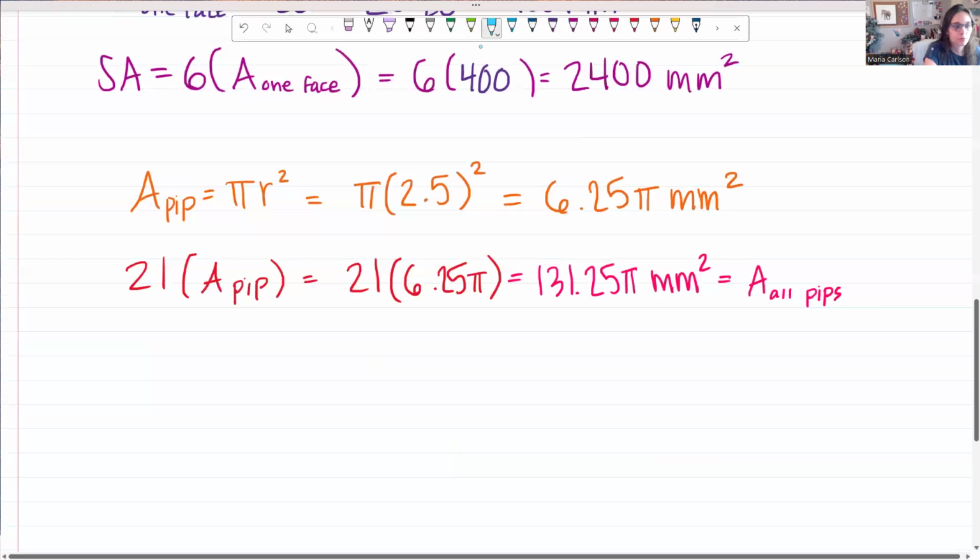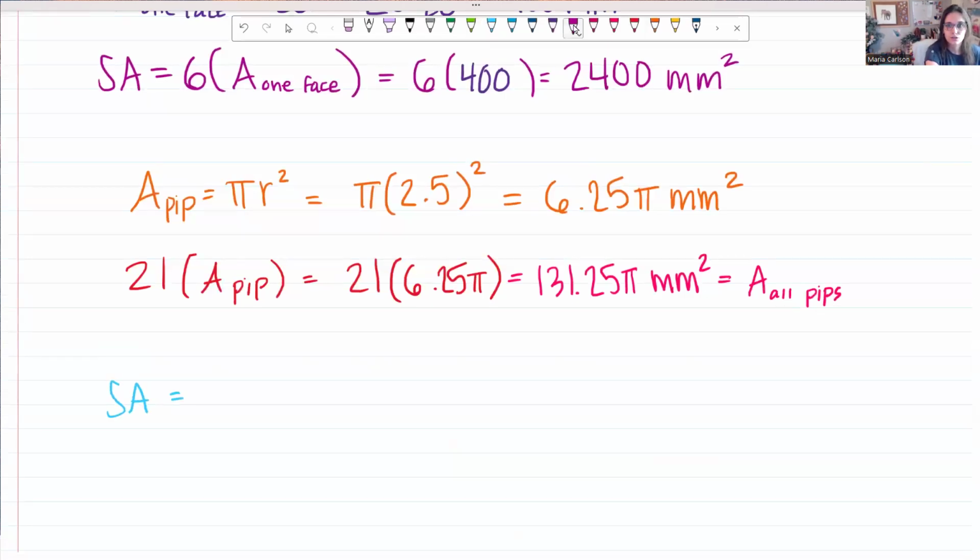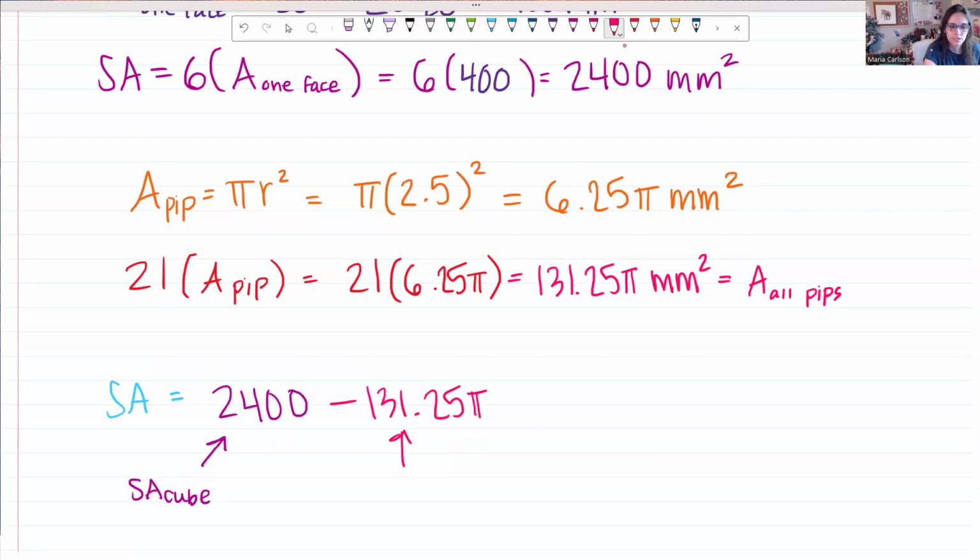I'm going to write out up here, surface area is that 2,400, the surface area of the cube, minus the area of all of the pips, minus 131.25 pi. Again, this is the area of all pips.